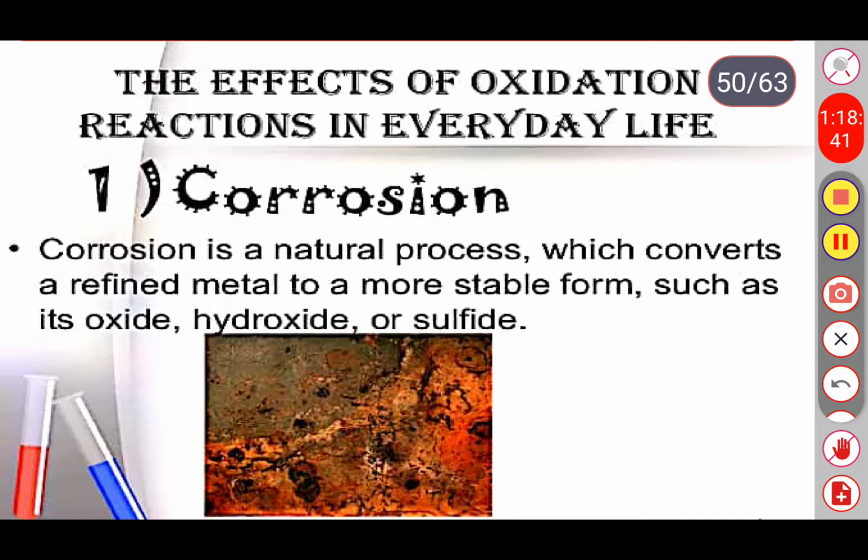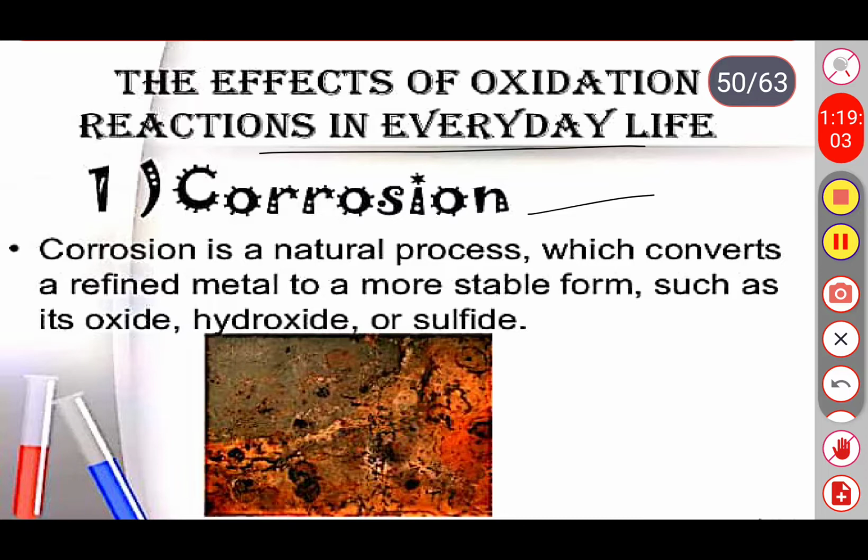So the first one is corrosion. Corrosion is a natural process which converts a refined metal to a more stable form, such as its oxides, hydroxides or sulfides.